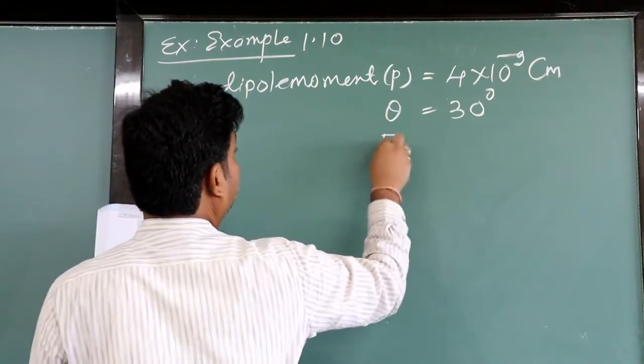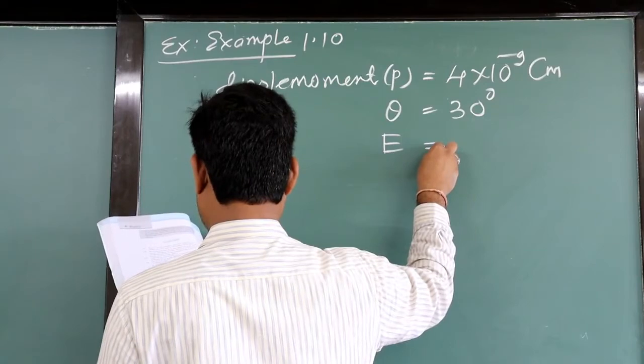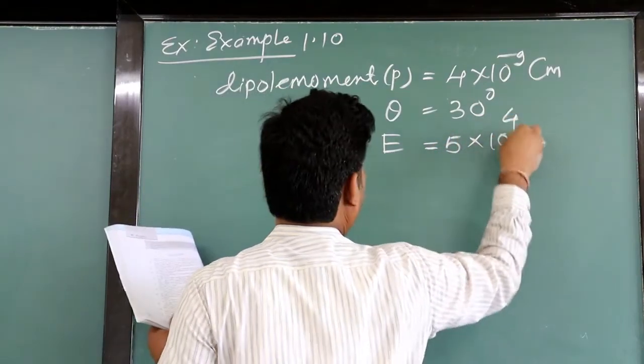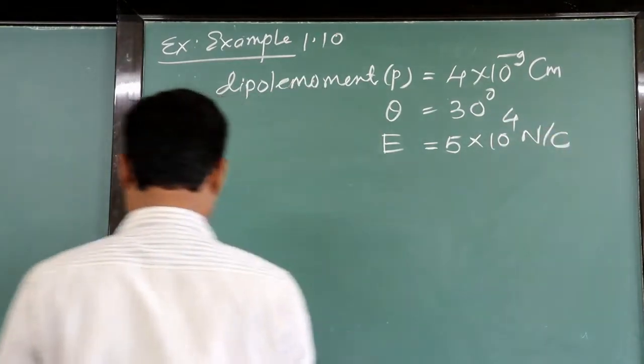So the electric field E is given as 5 × 10^4 Newton per Coulomb.